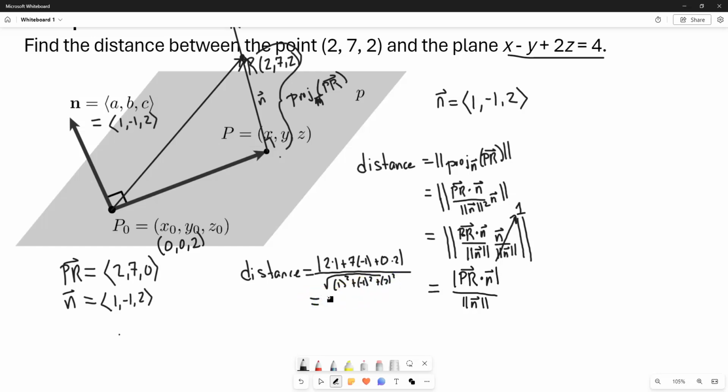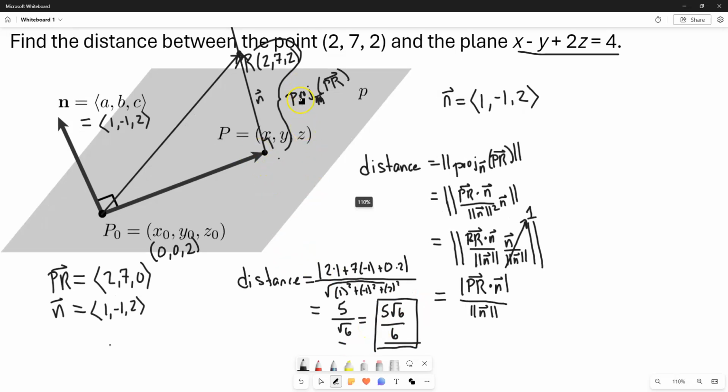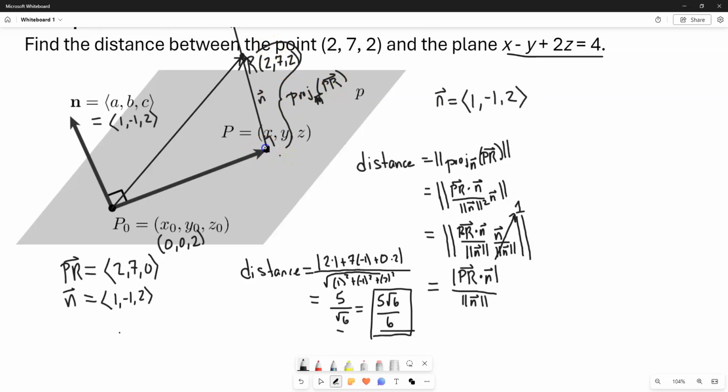That ends up giving us a -5 in here, but we're taking the absolute value, so we get 5 on top and the square root of 6 on the bottom. If we wanted to rationalize, 5 square root of 6 over 6, but both of these are acceptable answers in the online homework system. So that is the distance. What we found is basically the distance from this point on the plane up to R. So that's how far the point R is from the plane.